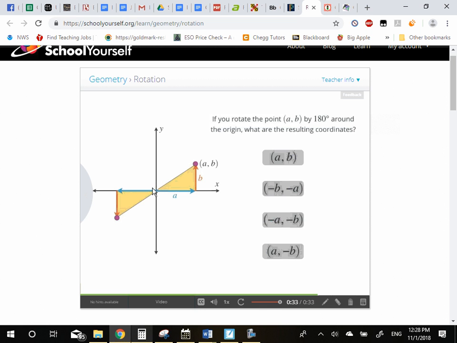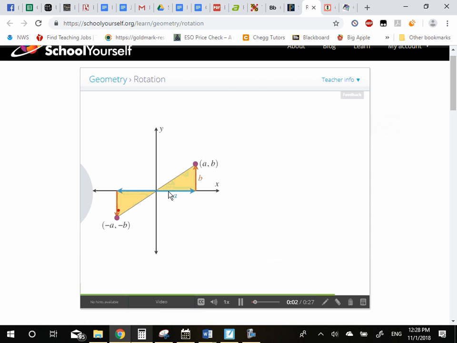So the blue arrow is representing A, and the orange arrow is representing B. So which one? Negative A, negative B. Yeah. So we go A to the left, B down.